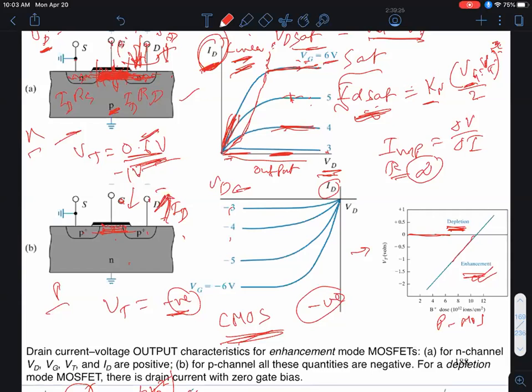That causes the channel mobility to be lower than in the bulk of the semiconductor. Furthermore, the higher the gate voltage, the closer you draw these electrons or holes to that rough surface, and there's more and more scattering. That's the story of the next couple of slides.